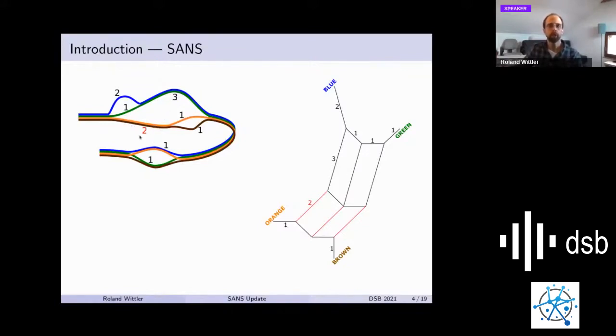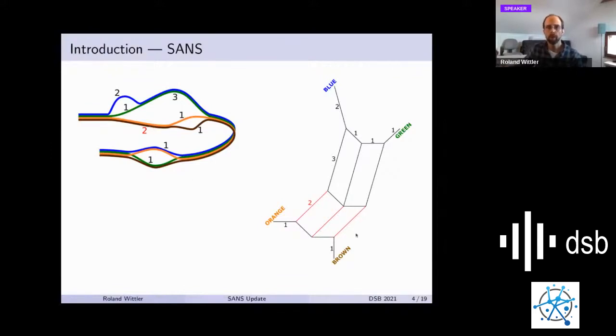The numbers here show, in this toy example, the length of these shared segments, measured in k-mers. So for instance, here we have a segment of length 2, meaning 2 k-mers that we find in the orange and the brown genome, but not in the blue and green genomes. We take this as a signal that brown and orange should be separated in the phylogeny from the other genomes.